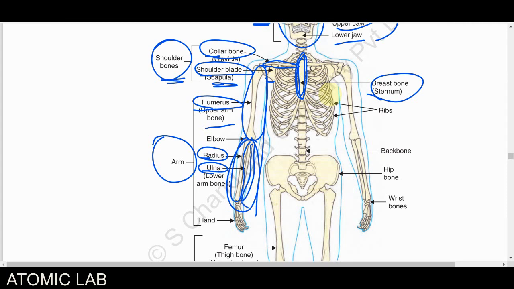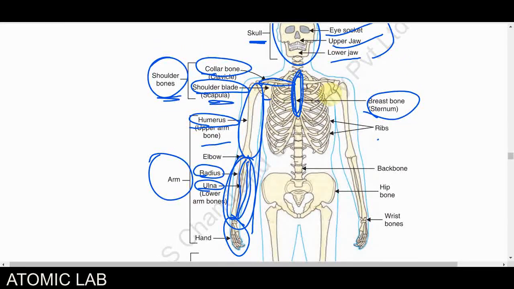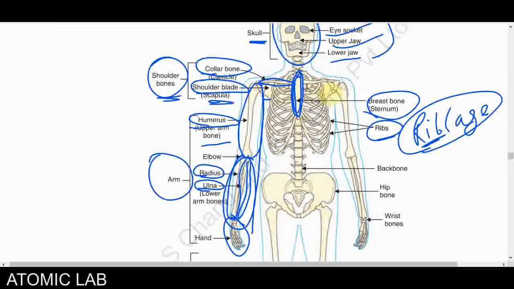Now this is our hand, and a large number of small bones are present in our palm and in our fingers. Another structure of our skeletal system is known as the ribs, and sometimes we call it the rib cage. Why? Because a rib is a kind of circular bone, like this.